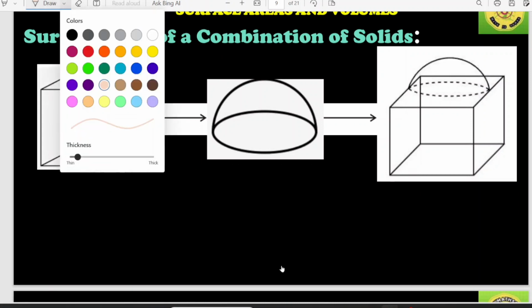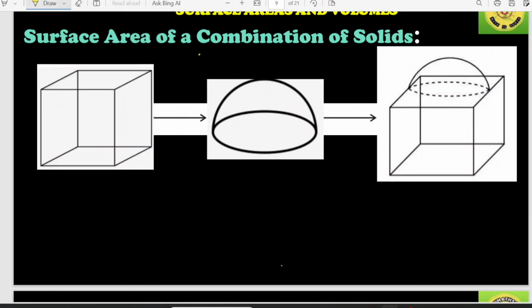In this combination, a cube is surmounted by a hemisphere. So what is the resulting area?